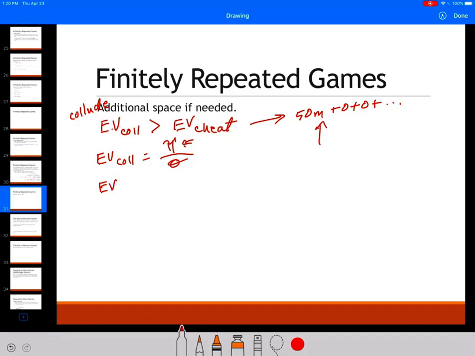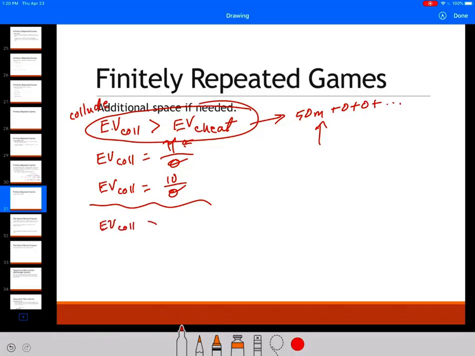So the expected value of colluding is equal to 10 over theta. Again, for them to collude, it has to be greater than the expected value of them cheating. Now we can put in the figures. 10 over theta is greater than the expected value of cheating, which is 50 million.